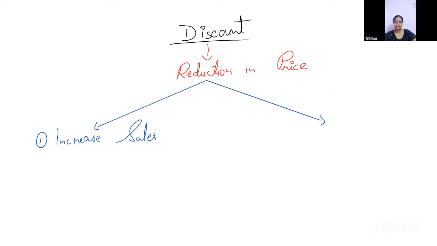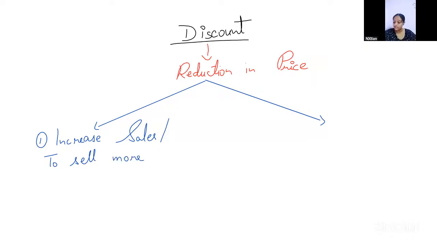We are more attracted to buy things when they are coming at a lesser price. So to increase the sales, or to sell more, we give discount. That is one reason.